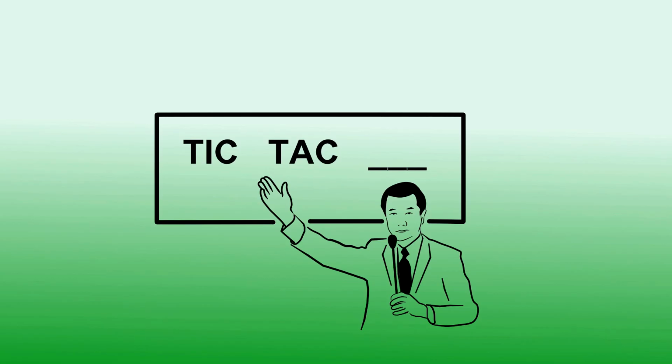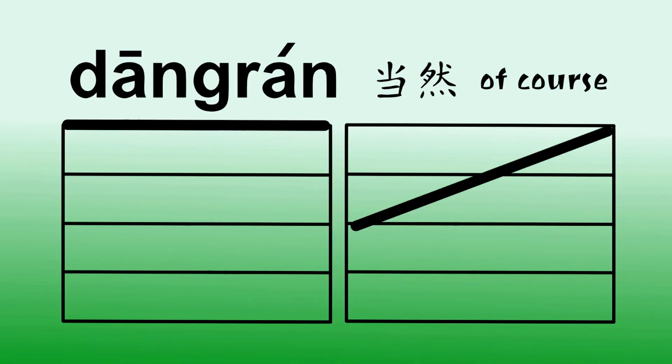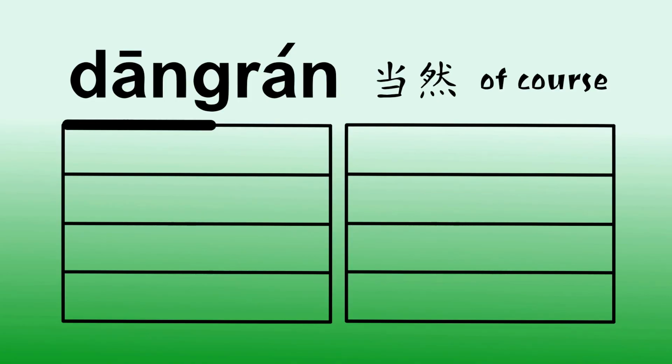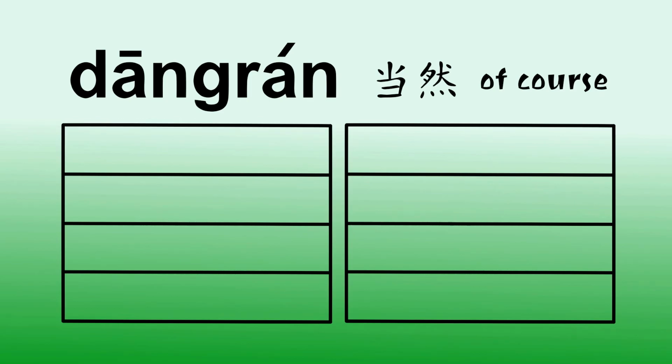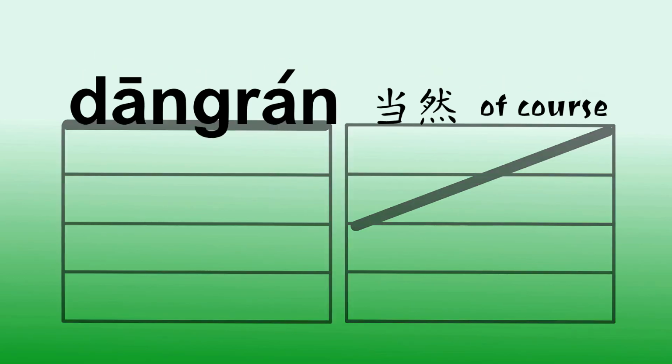A useful model word for this combo is 当然, which means of course. Listen for a moment. 当然, 当然, 当然, 当然. Now try saying it. Remember to say the first syllable as a high, clear tone, and then start low with the rising second syllable. 当然, 当然, 当然, 当然.